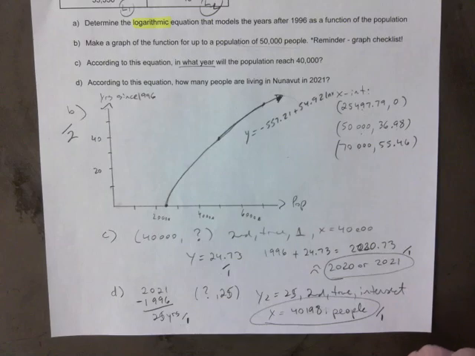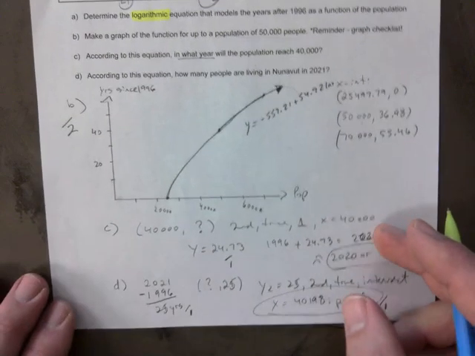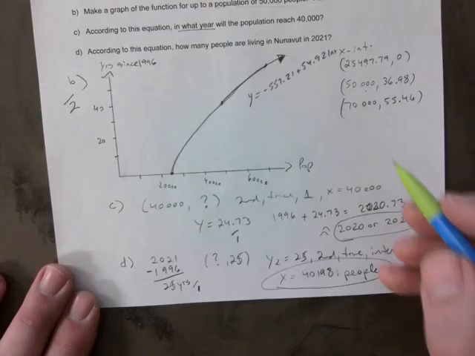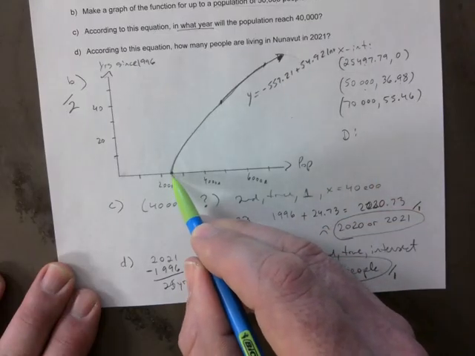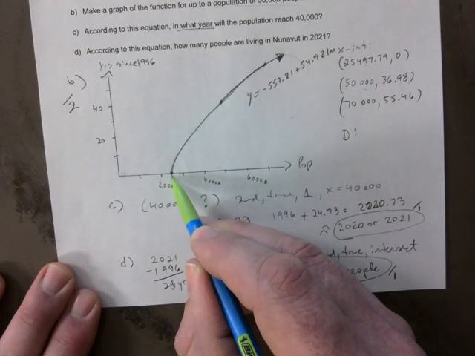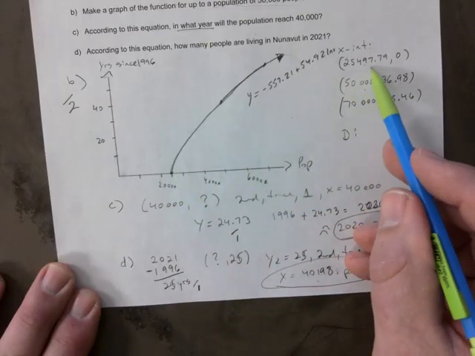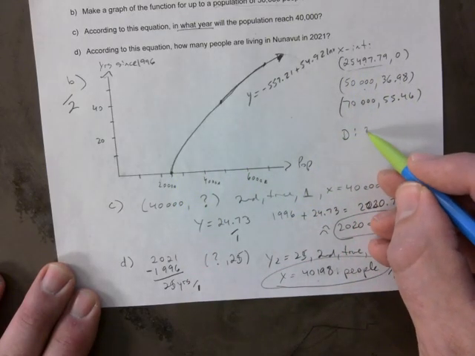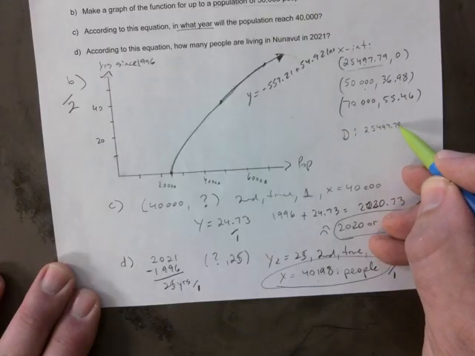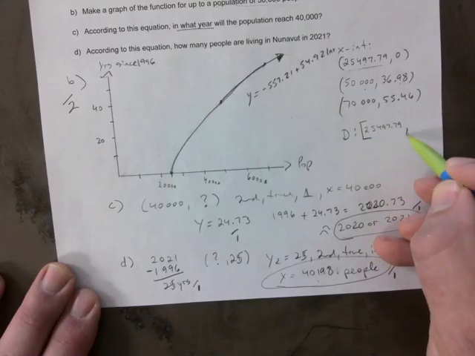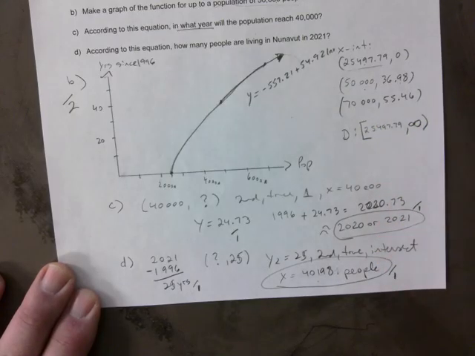And so how are our domain and range here? Let's just do it just for fun. My domain, what's my lowest x value? Yeah, 25,497.79. And according to this model, the population just keeps growing.